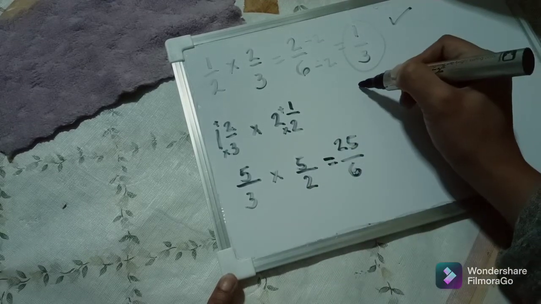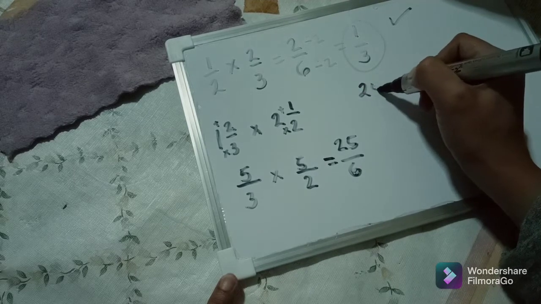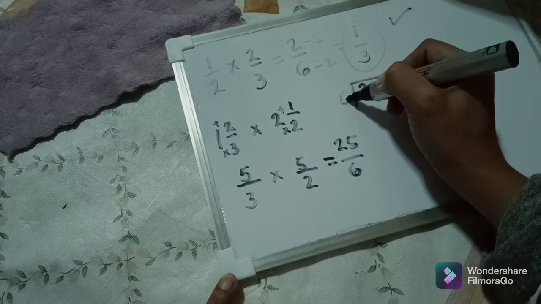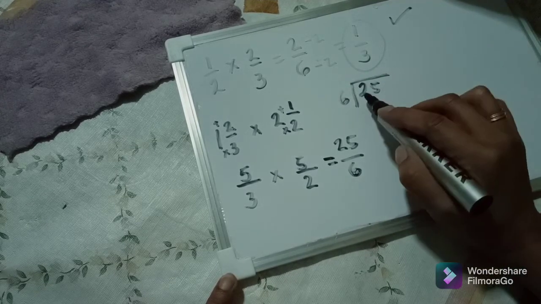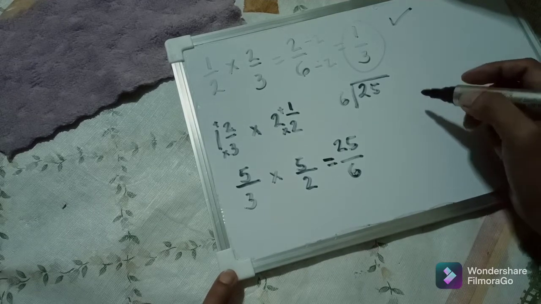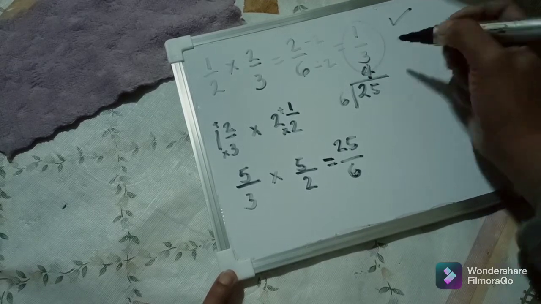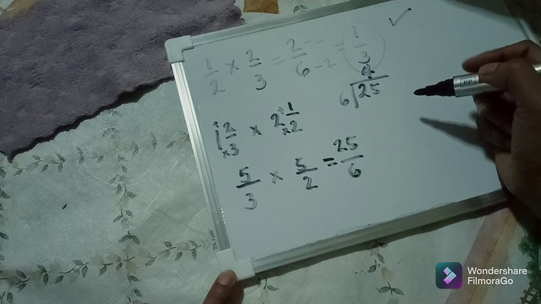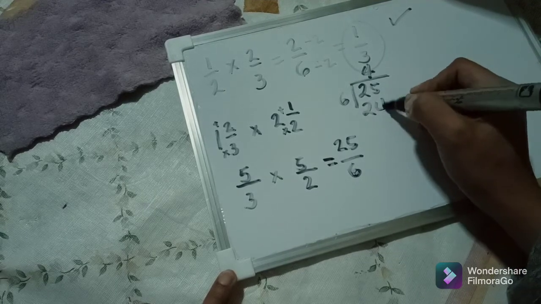Okay, so how to divide this improper fraction? Let's do it here. The numerator has to be inside, and the denominator is our divider. Okay, so 25 divided by 6? 4. So 4 times 6 equals 24.